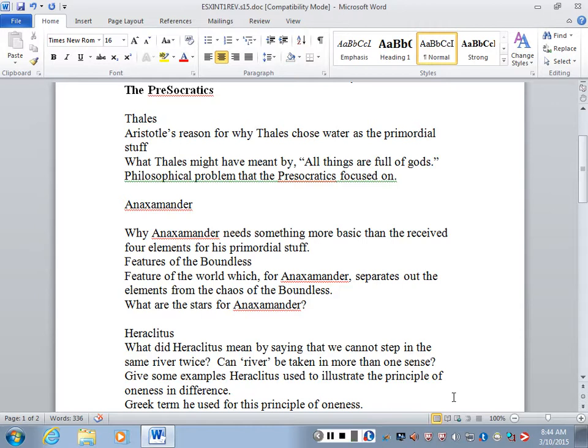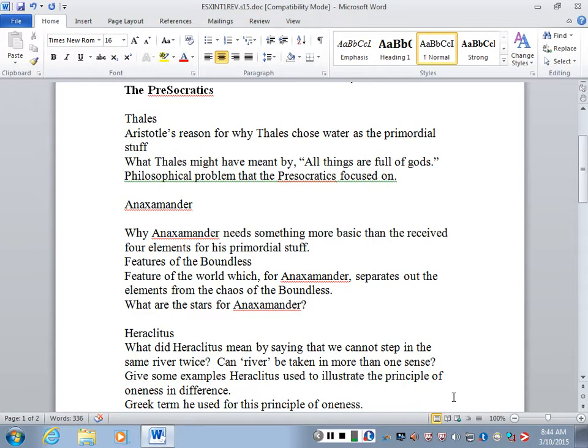In other words, if Thales were right and if everything were water, then everything would be obviously water. So he's saying if the basic stuff were any of these four elements, earth, air, fire, or water, then that element would take over everything else.